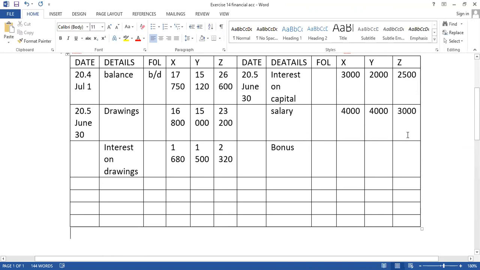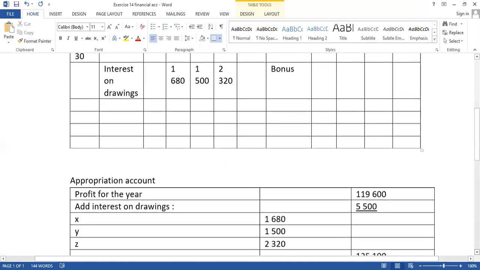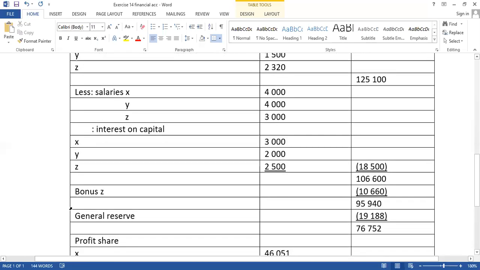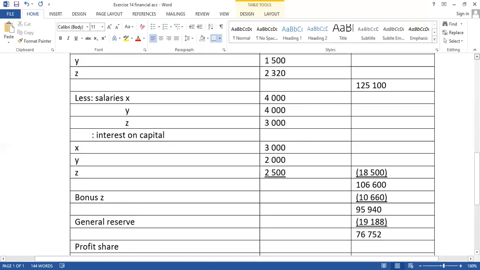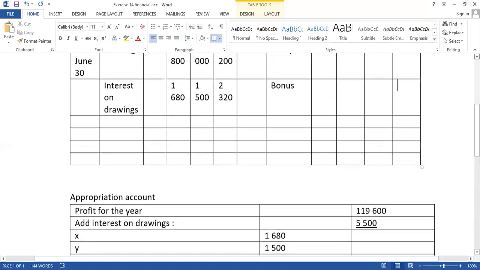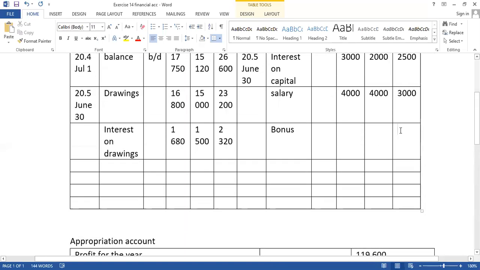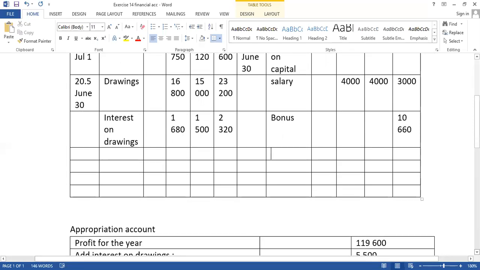The bonus of Z, we're told that is, let me just go back. Bonus is 10,660. And then from there, what else do we have apart from bonus?